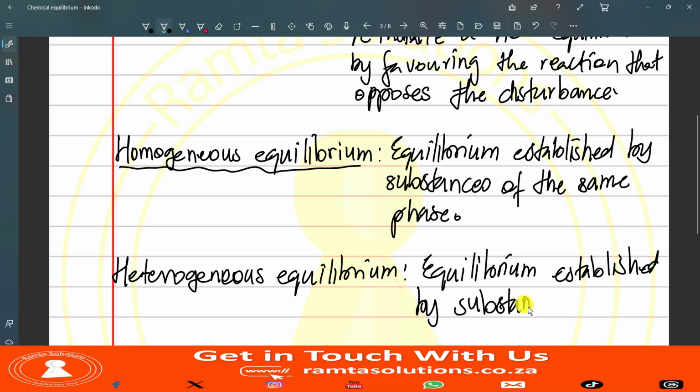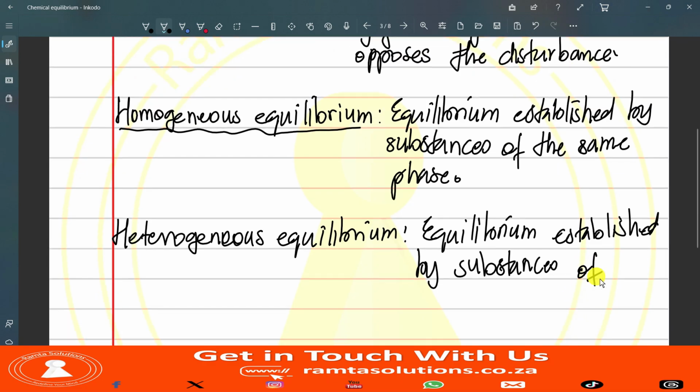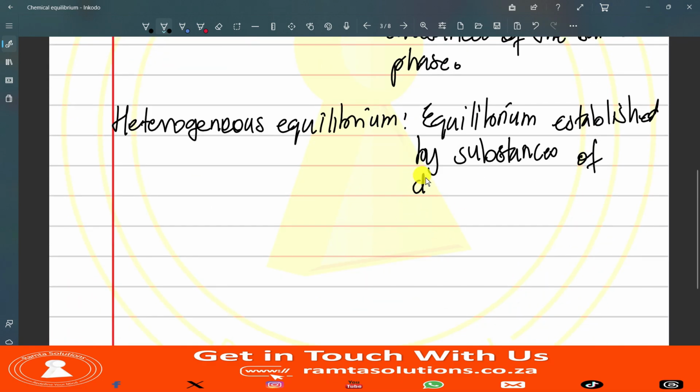Right? By substances of different phases. This is your heterogeneous equilibria.